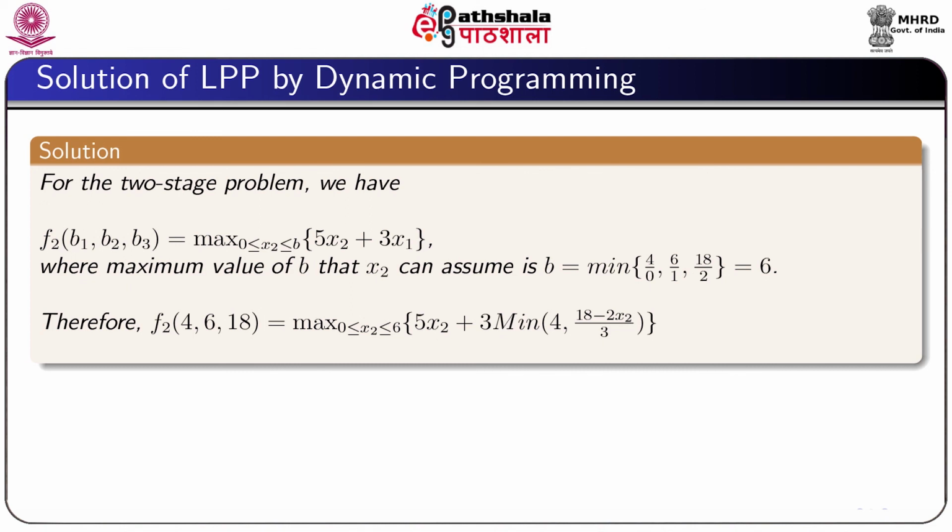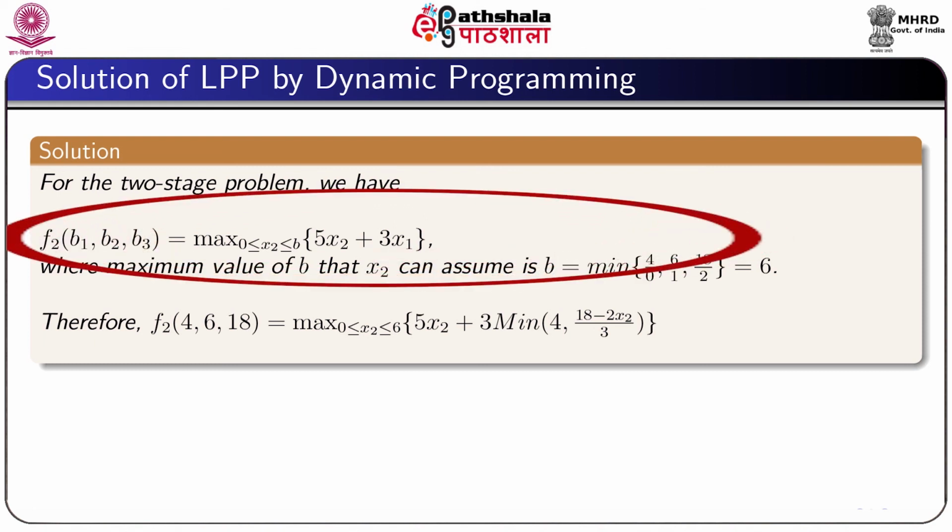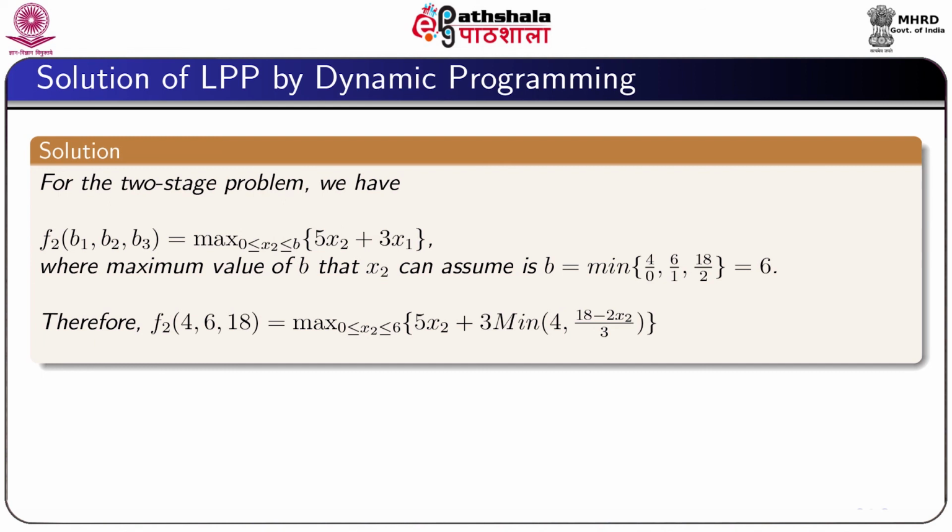For the two-stage problem, we have f_2(b_1, b_2, b_3) equal to the maximum of 5x_2 plus 3x_1, where the maximum value of b that x_2 can assume is the minimum of 4 by 0, 6 by 1 and 18 by 2, which gives 6.